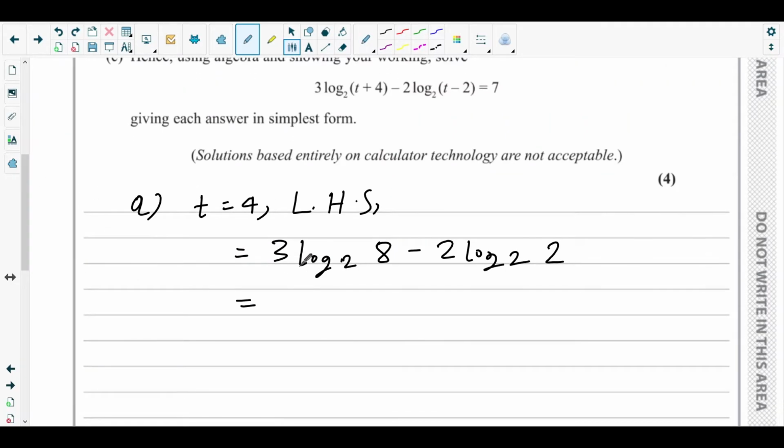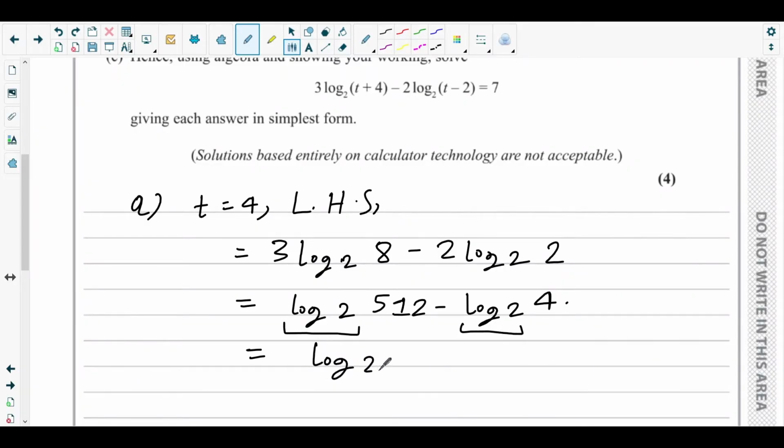So we can take the coefficient to the power. So 8 cubed is 512. Same, take this coefficient to the power, so 2 squared is basically 4. So log base 2 of 512, and both are base 2, and they have subtraction.